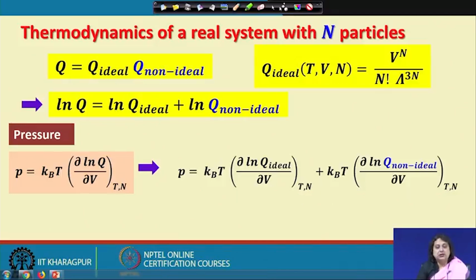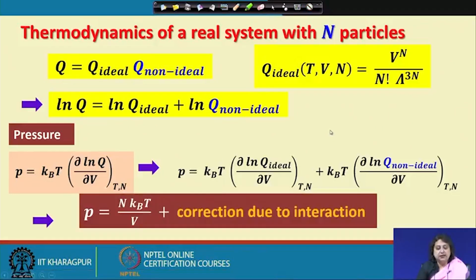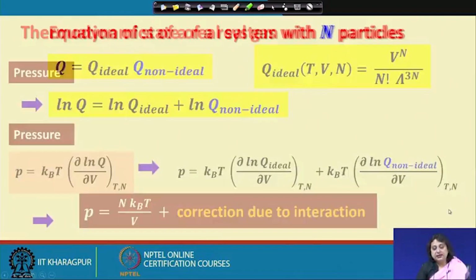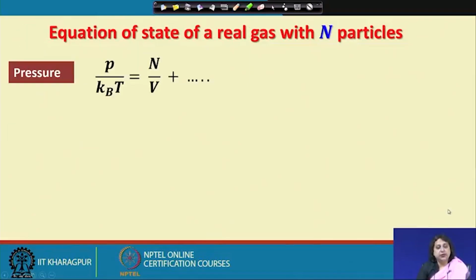In other words, from the first term I will be obtaining N kB T by V, as we have already seen, plus there will be some corrections due to the presence of non-negligible interaction in the real gases. So, now we have established that whatever correction there will be in the pressure of an ideal gas is going to be additive in nature. Then we can ask the question, what are these terms going to be?